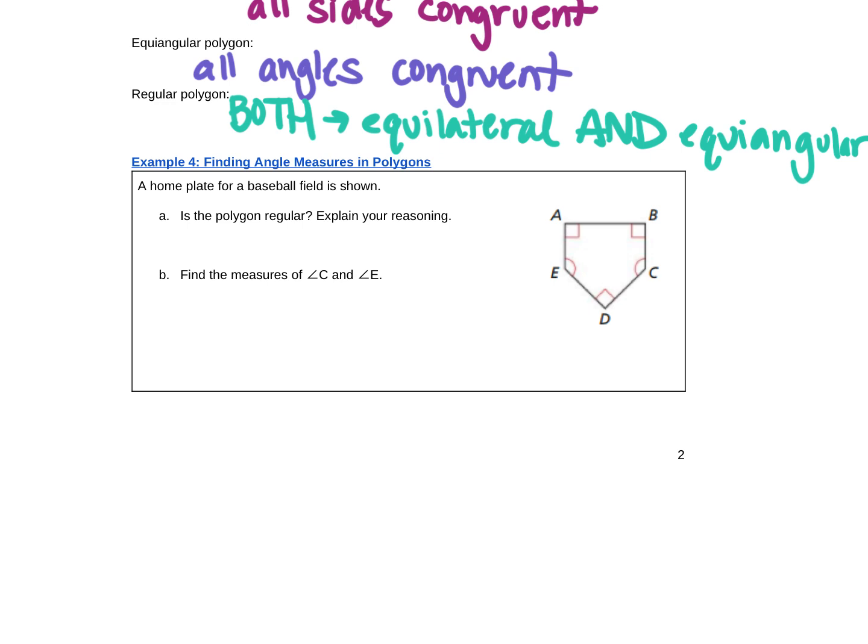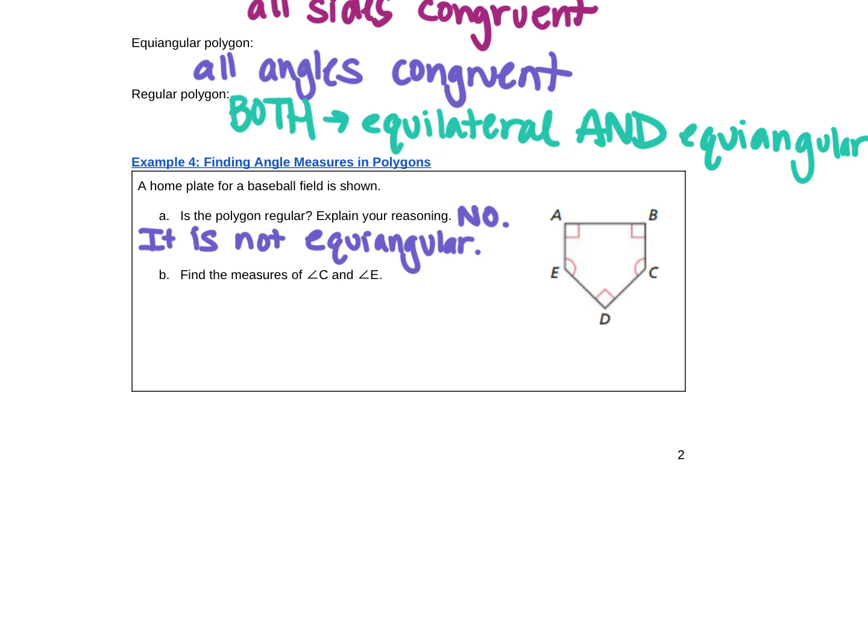So we would say no, because it is not equiangular. And you guys know if it's not equiangular, it's likely not equilateral. But equiangular is the one that we are given. The angles are not the same.